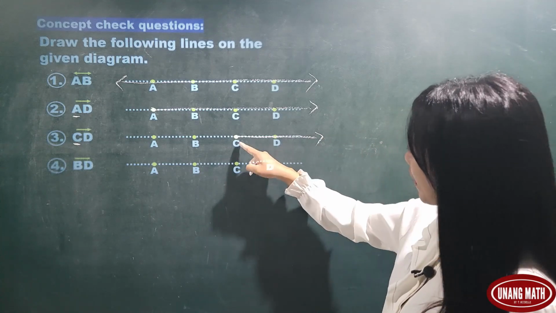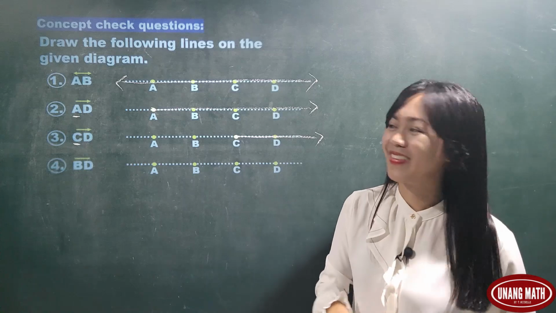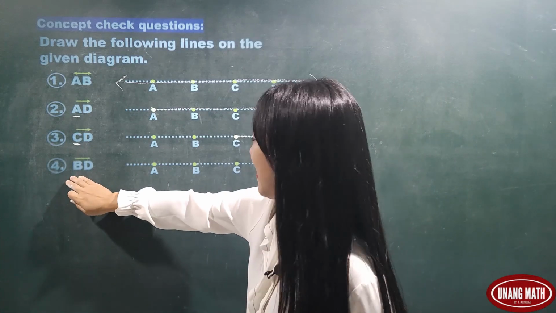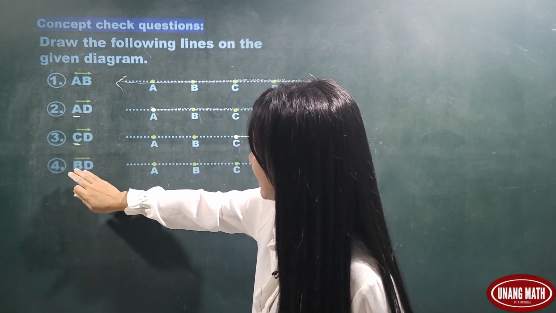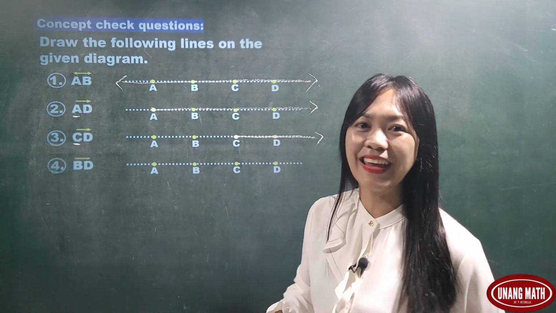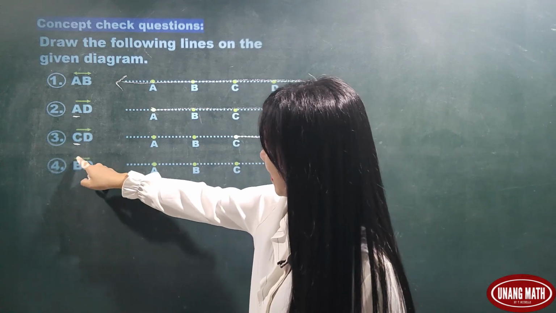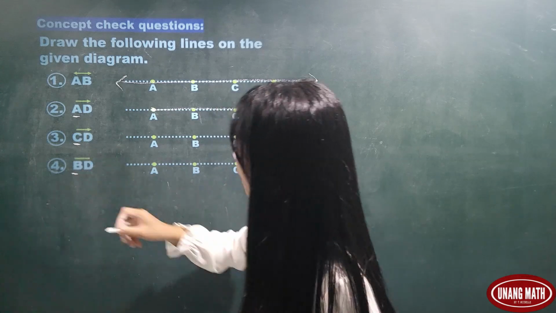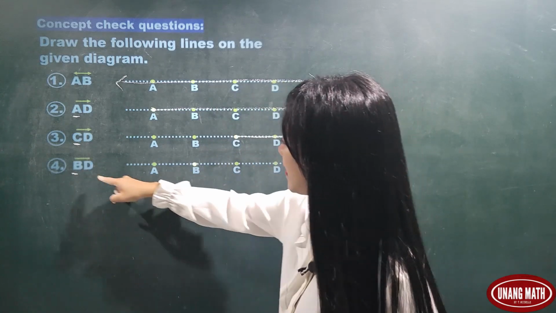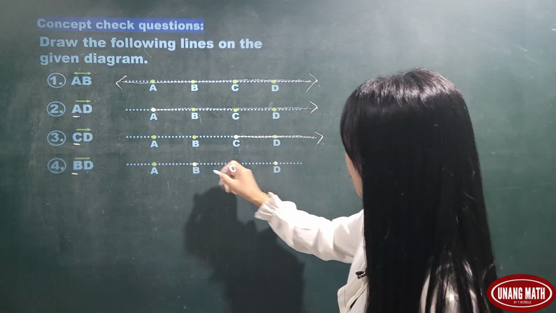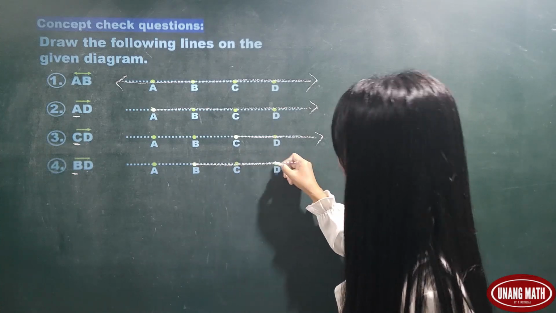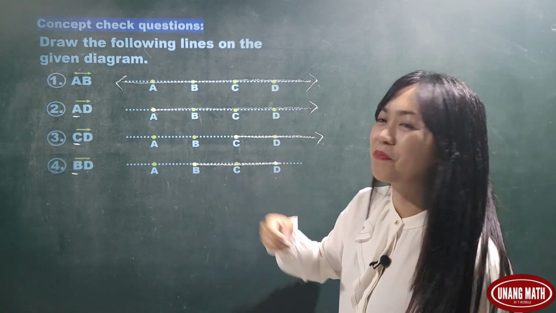So this is ray CD. Okay, and the last line here is segment BD. Since this is segment BD, B is our starting point, D is the end point. So draw a straight line. This is segment BD.